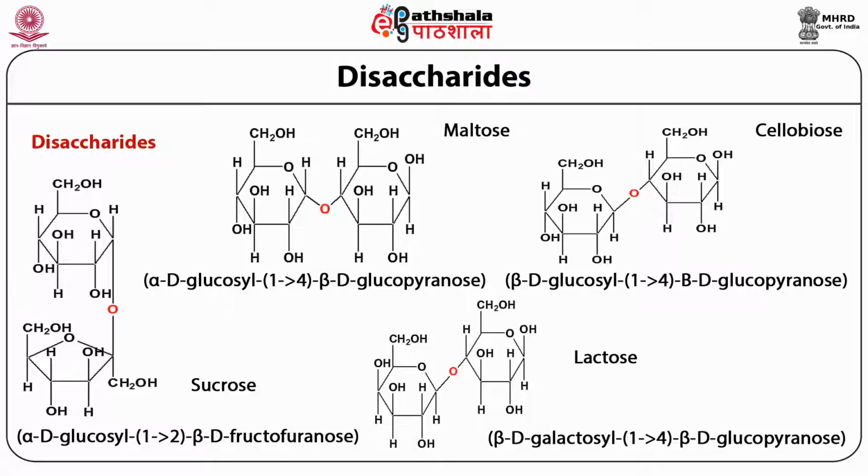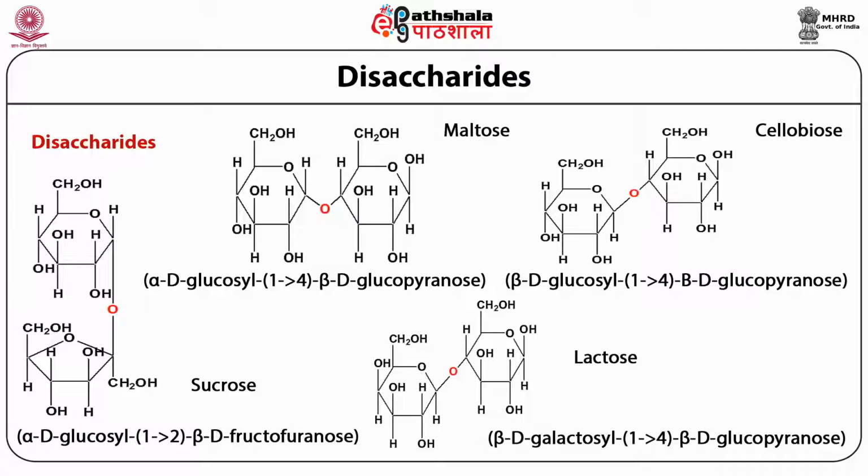In cellobiose, again two glucose units are linked via a 1,4 beta linkage. Similarly, sucrose is formed from D-glucose and D-fructose via an alpha-beta linkage, and is again a disaccharide. In lactose, galactose and glucose are linked via a beta 1,4 linkage.